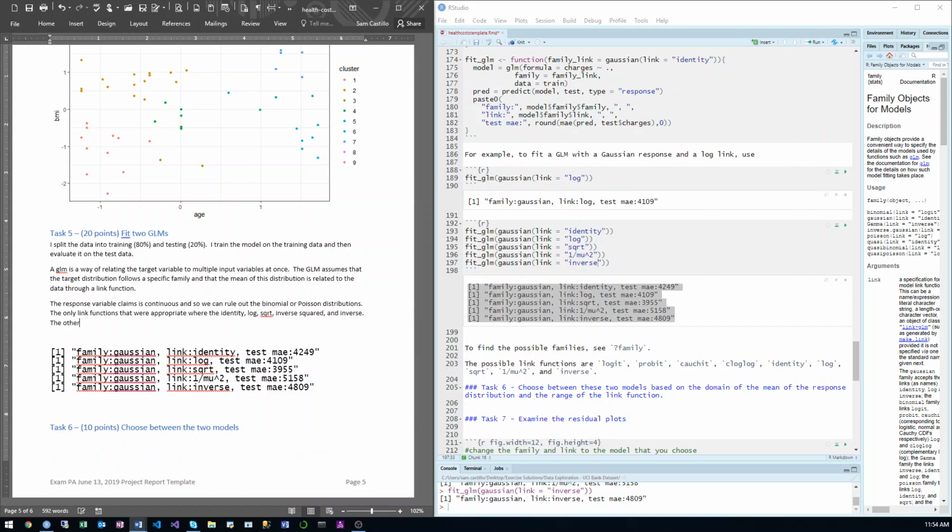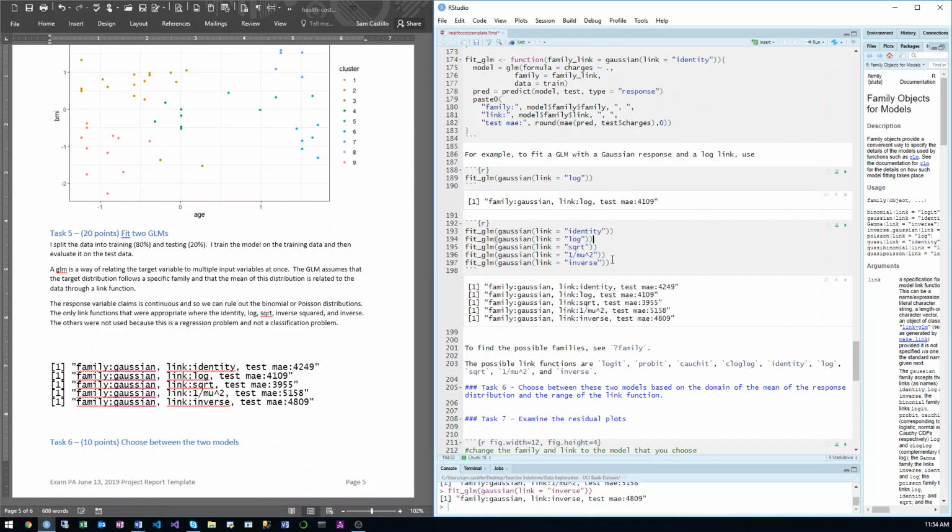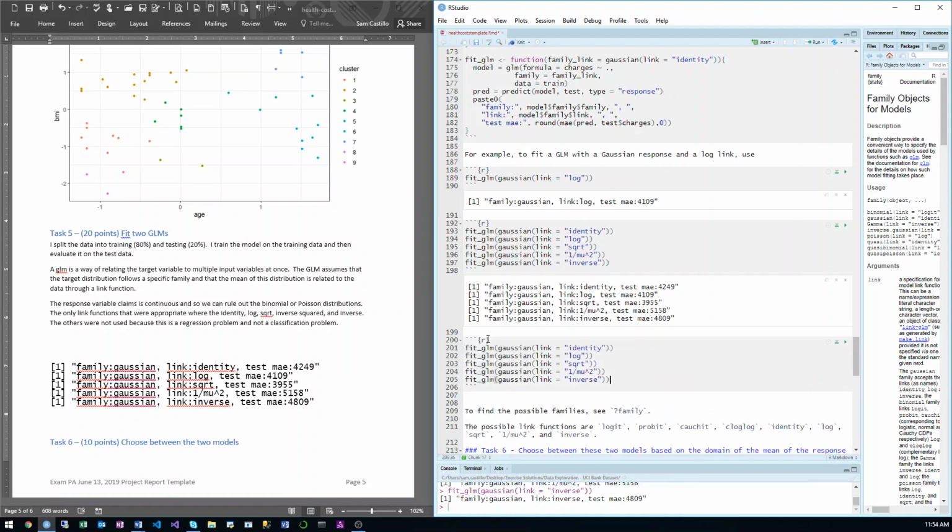The others were not used because this is a regression problem and not a classification problem. Okay, so this is just Gaussian. Let's also look at the other families.